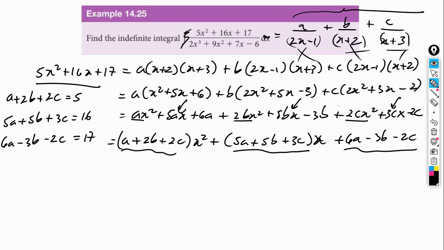So we get a system of linear equations with 3 unknowns and 3 equations. So this is solvable. And if you do it, you're going to get that a is equal to 3, that b is equal to -1, and that c is equal to 2.